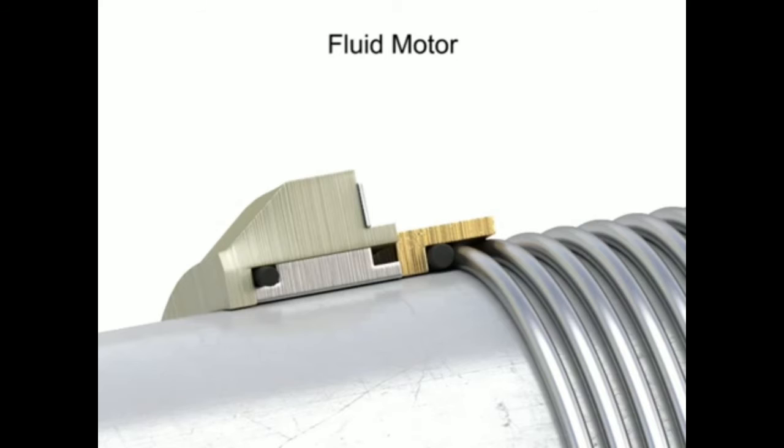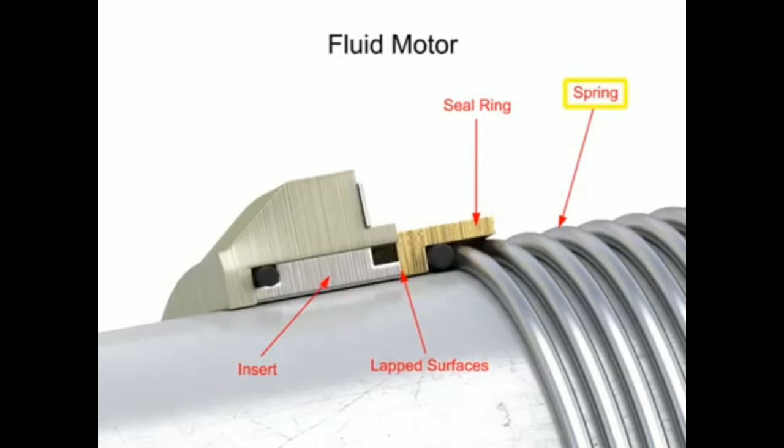These are mechanical seals in which two lapped surfaces run against each other to seal the shaft. A rotating surface, called a seal ring and typically made out of bronze or graphite, is pressed against a stationary surface called an insert, which is typically made out of steel. A spring ensures that the seal ring presses tightly against the insert.